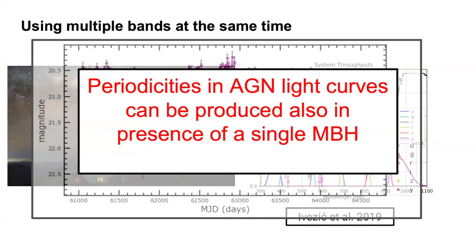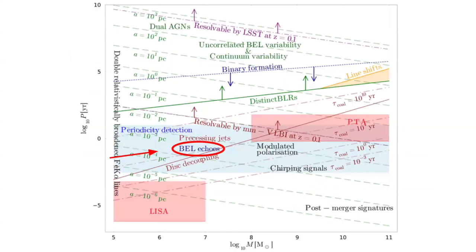We need something else, and that could be either a gravitational wave counterpart, but we'll need to wait for that, or we can look for something in the spectroscopy. For this reason, I will talk about the test that we proposed, which considers the echo from the broad emission line of a signal coming from a massive black hole binary.